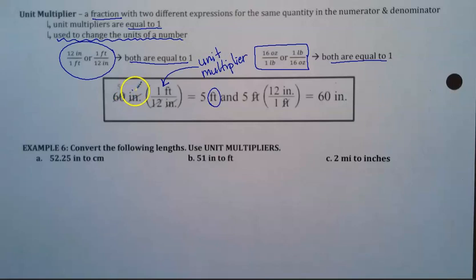Notice we had 60 inches, so we picked the unit multiplier that had inches in the denominator. Because if it's in the denominator, and this number's in the numerator, we don't think about it always, but it's over 1, the numerator and the denominator cancel. So the inches cancel. Now, it just so happens that here 60 and 12 are common, so 12 goes into 12 once, 12 goes into 60 5 times. And so 5 times 1 equals 5 feet.